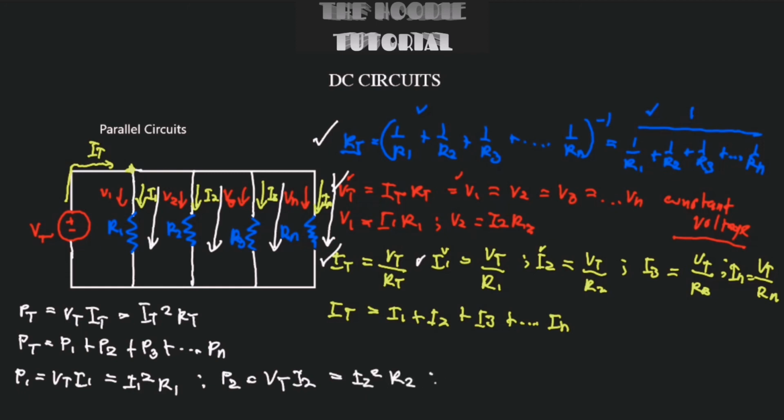And that is also the same for P3. We can use VT multiplied by I3 or I3 squared multiplied by the resistance R3. And then in Pn, we can use VT multiplied by In, or that would be equal to In squared multiplied by Rn. So that would be the formula of the power that is being dissipated in each of the resistors. So that would be in terms of power.